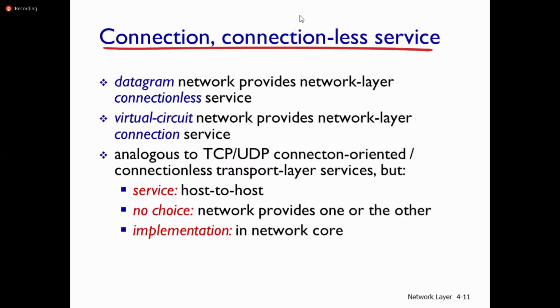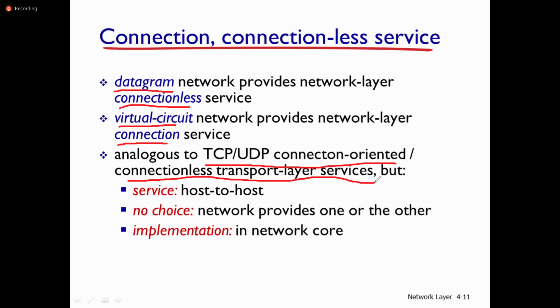So a datagram network provides a network layer connectionless service, and a virtual circuit provides a connection oriented service, analogous to TCP and UDP, the connection oriented and connectionless transport layer protocols.